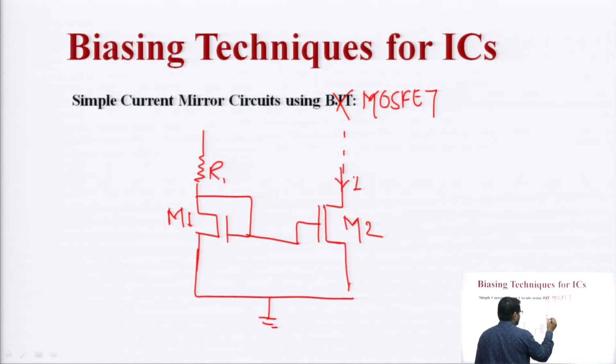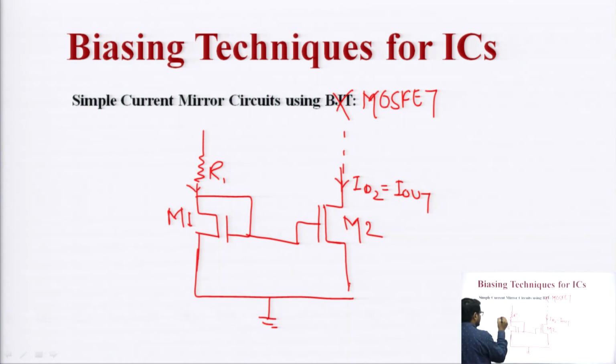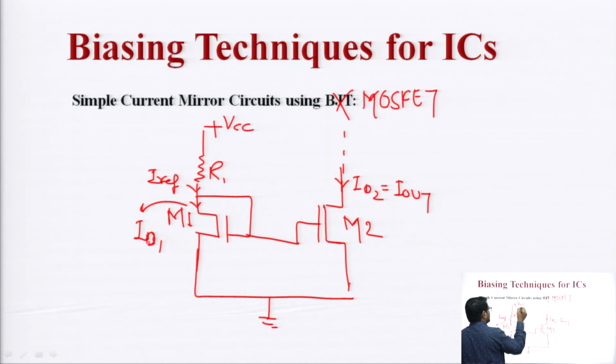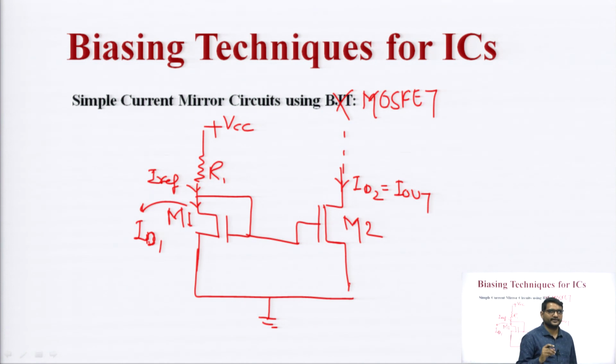Here is the drain current ID2, I out, and here also I reference, drain current ID1, and this is the plus VCC. For a MOSFET, we know that the input impedance is very high.